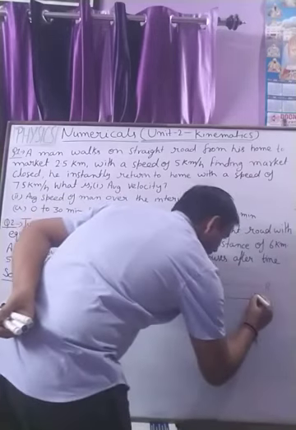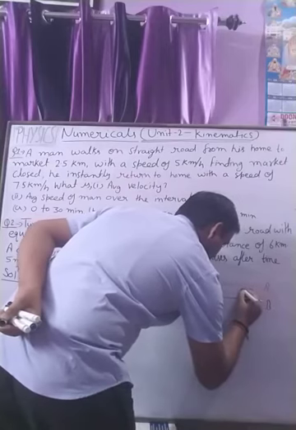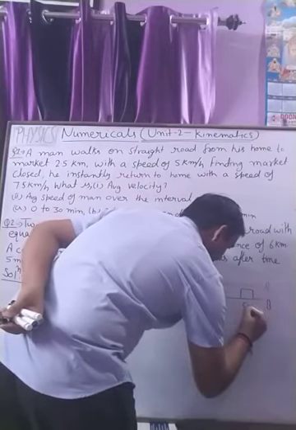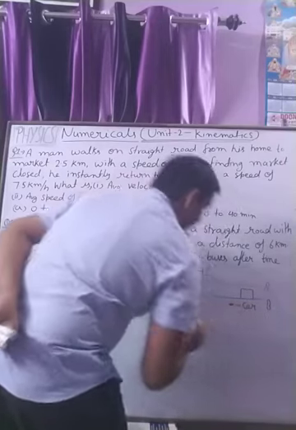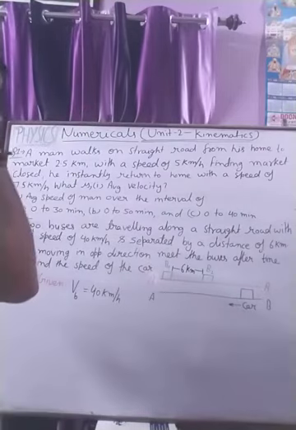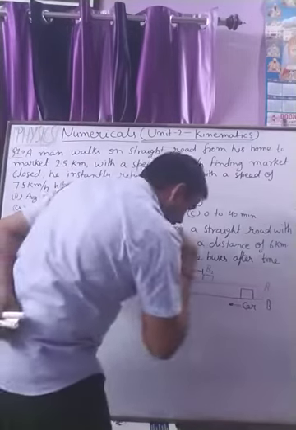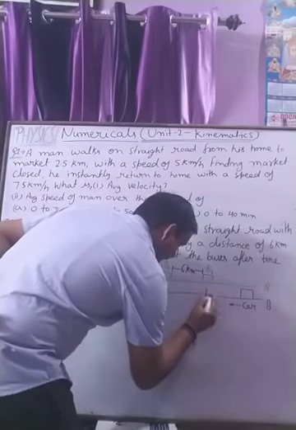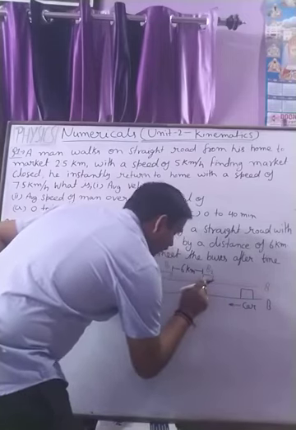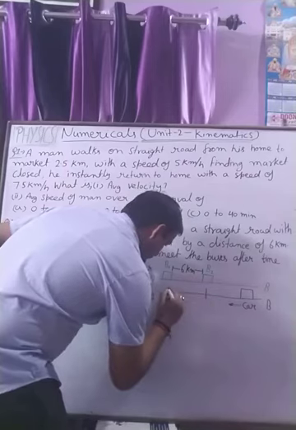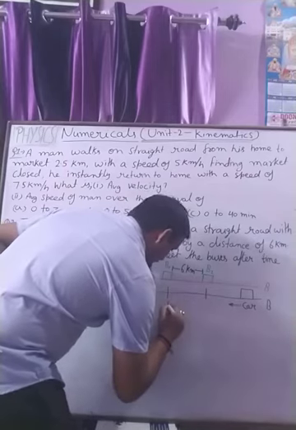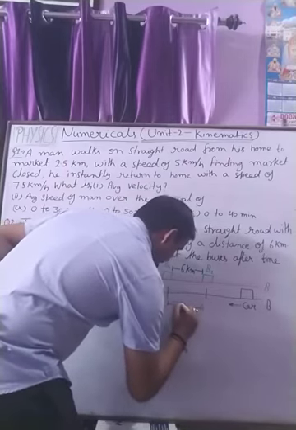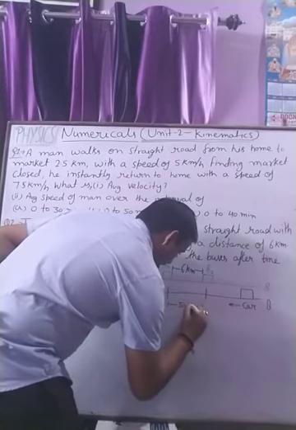From B to A, that car which is moving towards the buses, and it is given the car takes time from one bus to the other bus, which is 5 minutes.